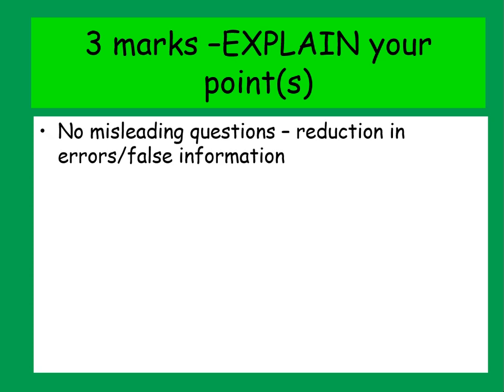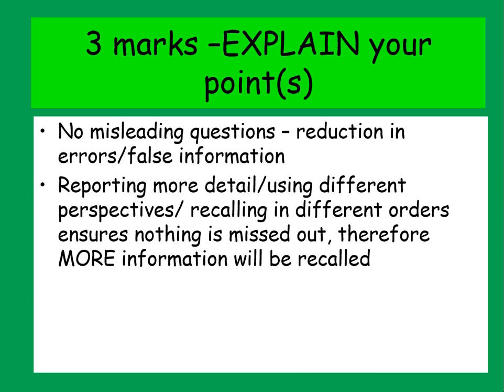So these are some of the points that you could have talked about. First of all, there are no misleading questions. So therefore, there is a reduction in errors or false information. Explain what you mean by that. And the idea that there are no misleading questions means, if you like, that we're definitely going to get a lot more valid data.